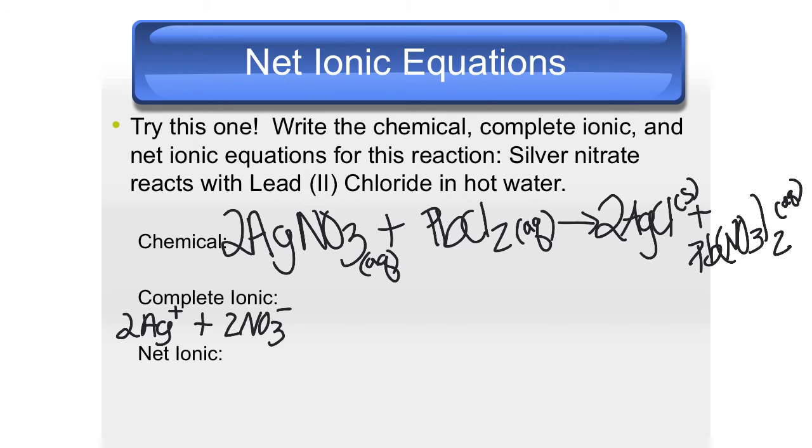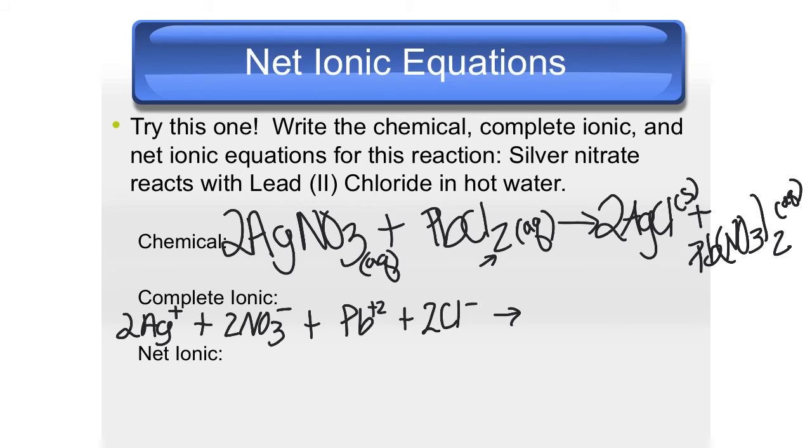You have to write the charge to show that it is an ion. And then I've got lead. Lead is a +2 because it took 2 chlorines to balance it out. And there are 2 chlorides, so I have to put that 2 in front. So anything that's AQ is rewritten as an ion with its charge.